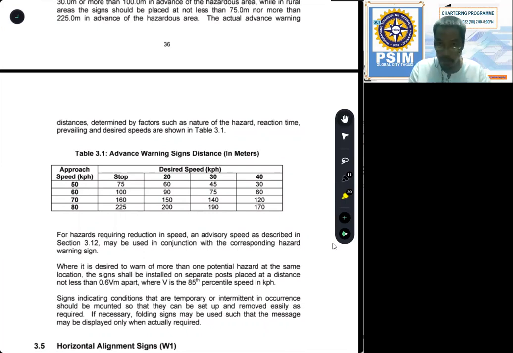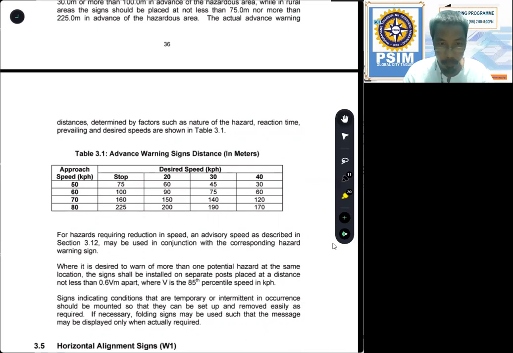So multiply by the specs of the road. Is the road up to 80? So 80 kph times 0.6, that is 48 meters.